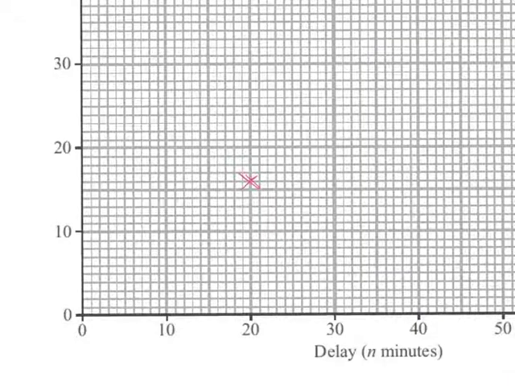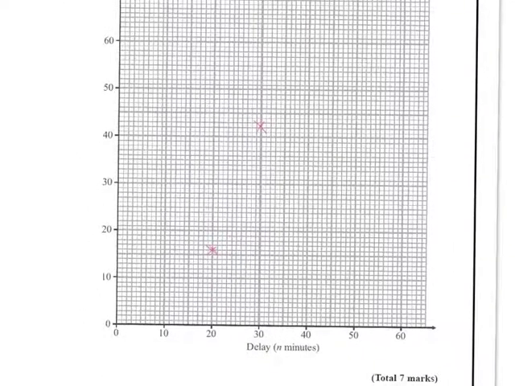And the next point is going to be 30, 42, so 30, not high enough, 30, 42 is up here. Now we need to plot the next one, which is 40, 65, so we'll zoom out. Okay, and 40, 65 is going to be around about there, although it's slightly too high, but that's okay.